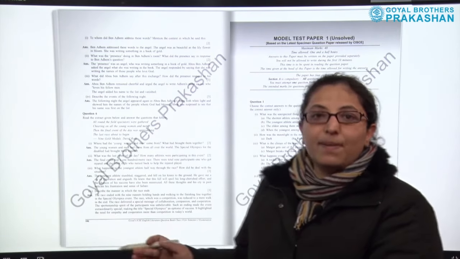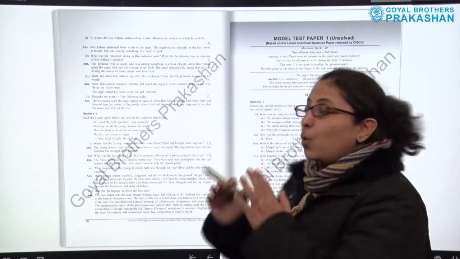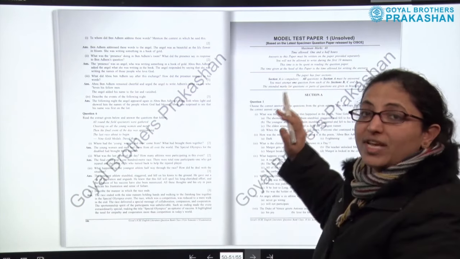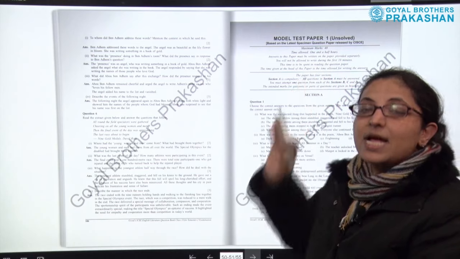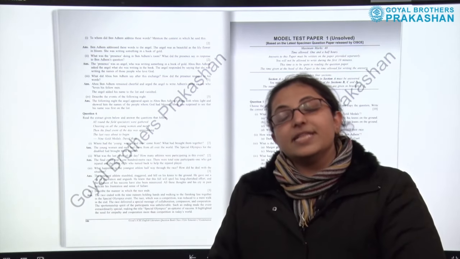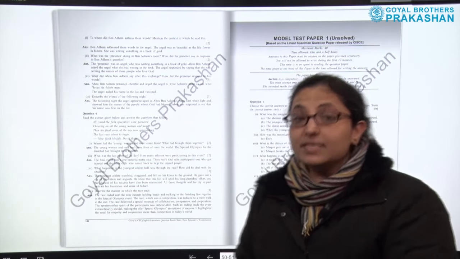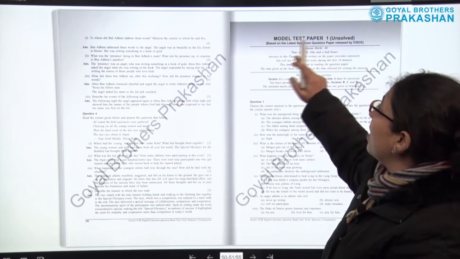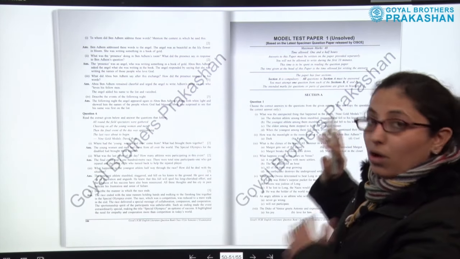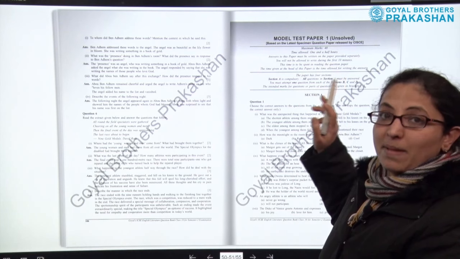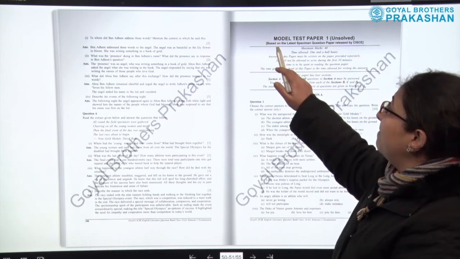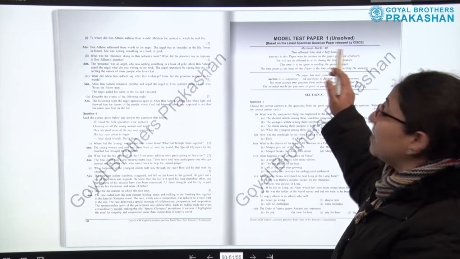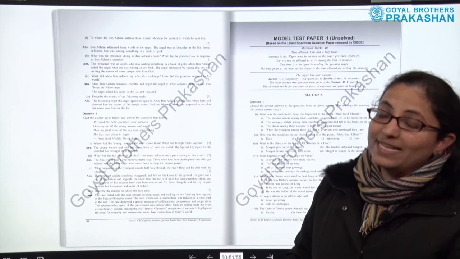After the specimen question paper, we come to section C, which is the model test papers. Now, as I have told you earlier, there are almost 5 unsolved model test papers. This is model test paper number 1. Let me also tell you, this model test paper is strictly based on the latest specimen question paper released by CISCE.